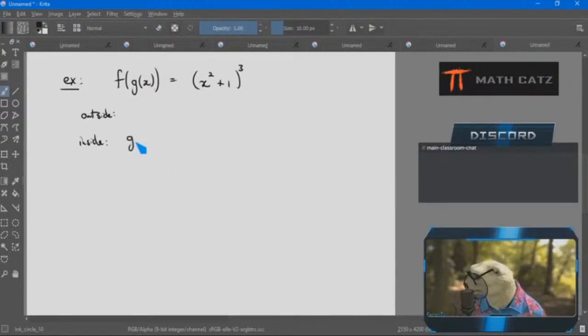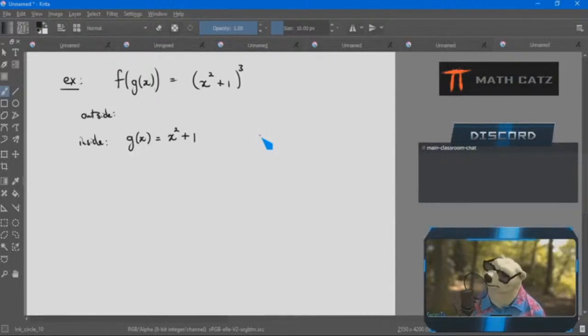The inside function, in this case, is going to be x squared plus 1. The brackets sort of give it away. And that's often the case, but not always. Once you have settled on your inside function, this is my choice.